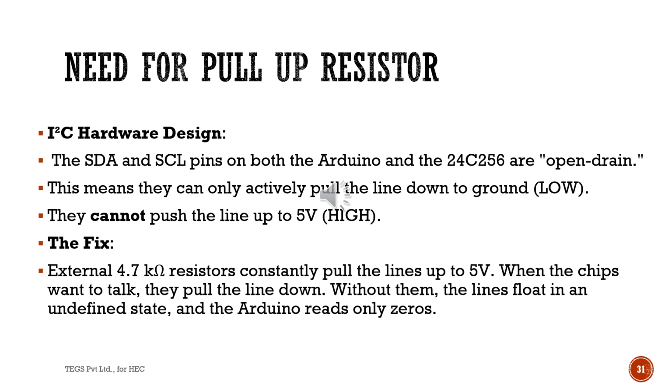How to fix? An external 4.7K resistor constantly pulls the line up to 5 volt. When the chip wants to talk, it will pull the line down. Without them, the lines float in an undefined state and the Arduino reads them as 0. This will lead to errors in reading and writing.